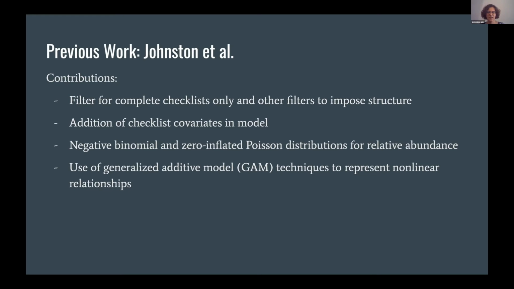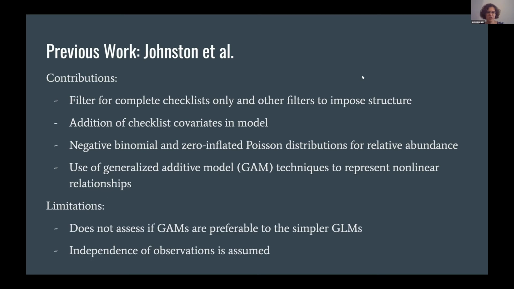They used negative binomial and zero-inflated Poisson distributions for relative abundance. These are generally a good fit since they are good for over-dispersed count data, which is what we generally have in our eBird data. And they use generalized additive model or GAM techniques to represent nonlinear relationships between the predictors and the response.